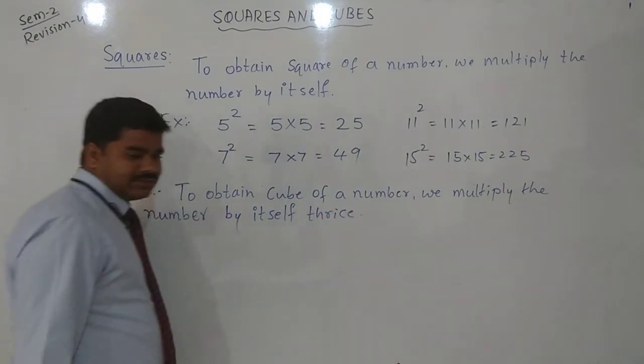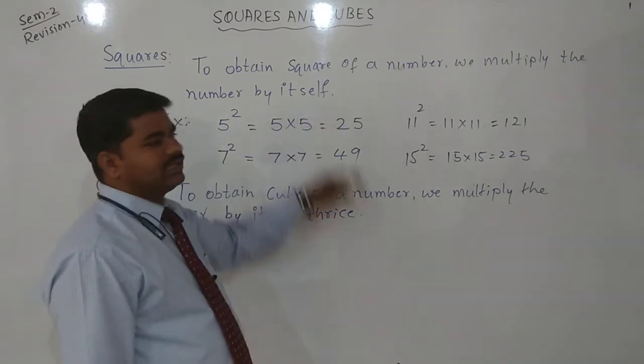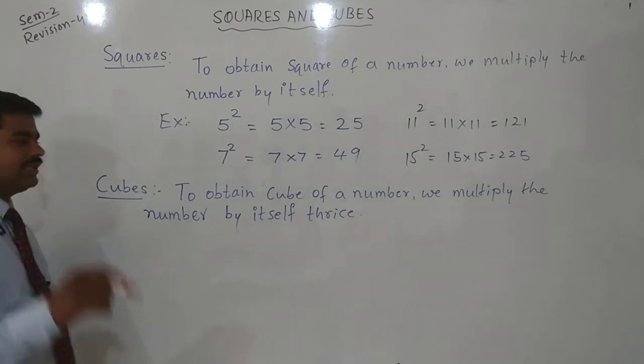Thrice means 3 times. Twice is 2 times, thrice is 3 times, once is 1 time, like that.